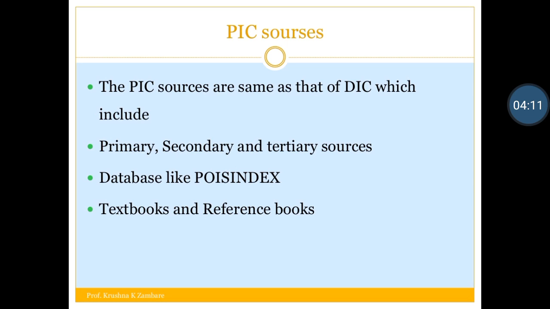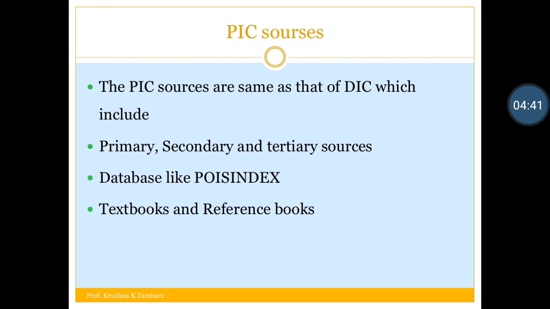These sources are considered, or they can take the information in terms of primary, secondary and tertiary. Then a database like POISINDEX is the database from which all types of information can be collected: how to prevent poisoning cases, early diagnosis and treatment, or risk management. This type of information is taken from the poison information center.